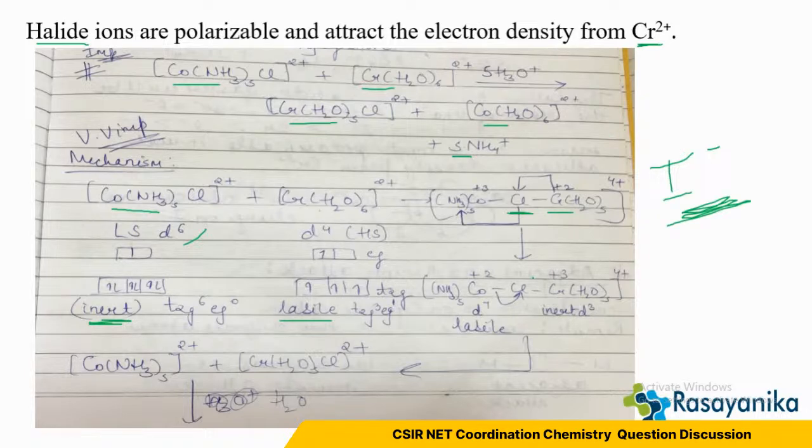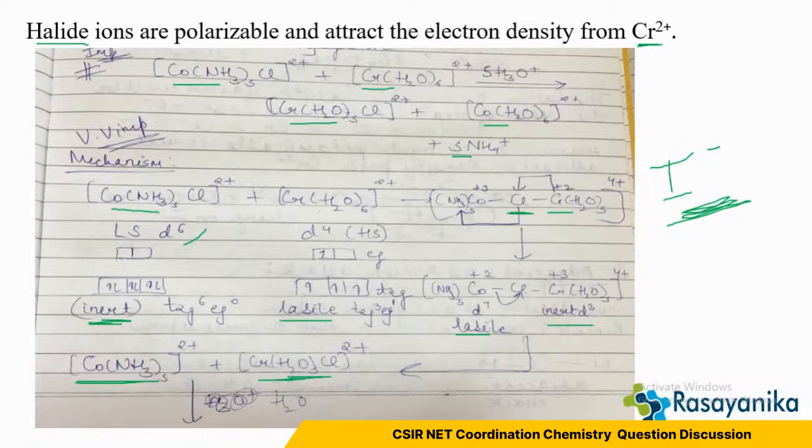Okay. So now after the transfer, the chromium has become +3 and cobalt has become +2. Right? Now this has become inert, d3, and this has become labile, d7. It will be having an electron in the eg, this cobalt 2+. Now what happens is, this complex is formed, cobalt with 5 NH3, and the Cl is transferred to this chromium, right?